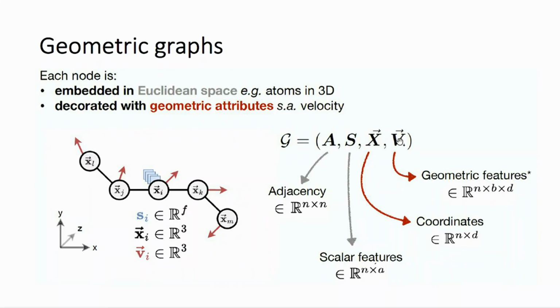And then there is a set of geometric features, which are the derivatives or outcomes of operations related to coordinates, for example velocity, acceleration or forces, or even higher order operators related to the spatial features of each node in the graph.